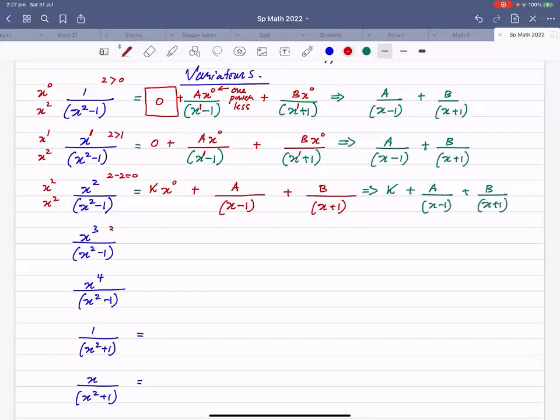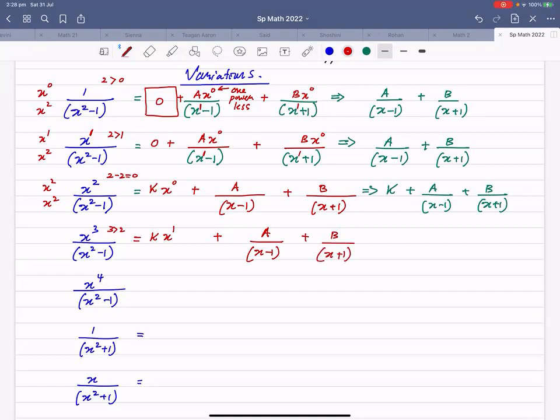Now do the same thing to the other one. So here 3 greater than 2, right? If 3 is greater than 2, what you do? Now the highest power is 1, right? So it's going to be k x1. Why? Because the difference is 1, right? Then plus a by x minus 1 plus b by x plus 1.